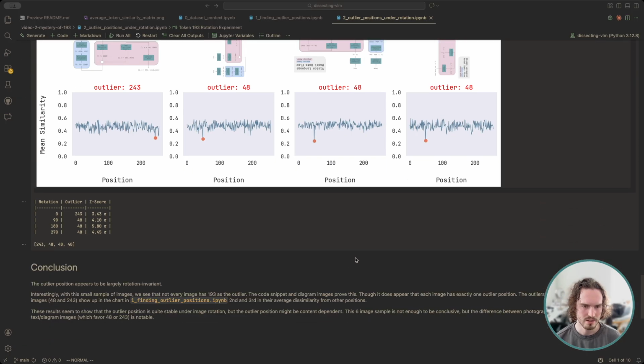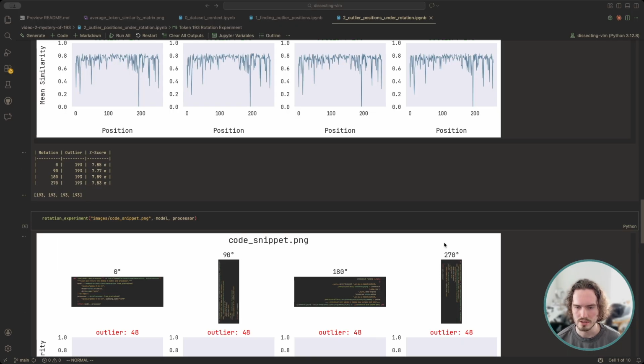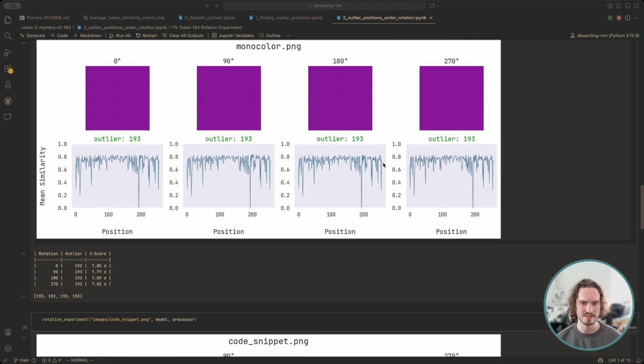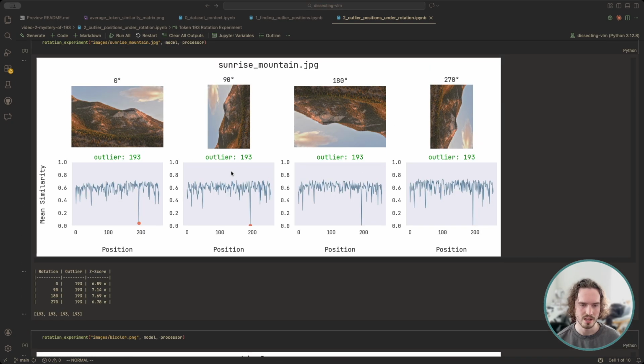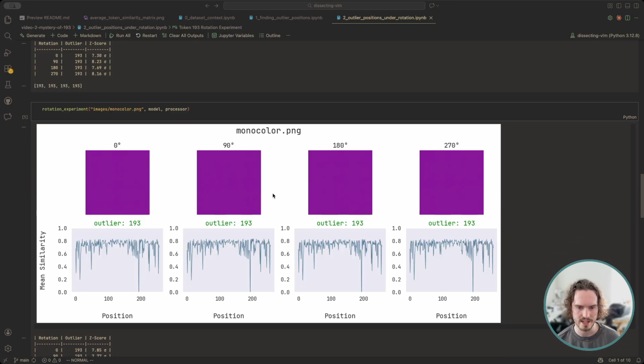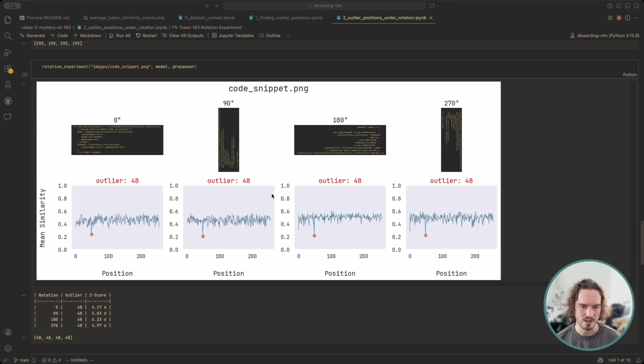So what this tells me is that the outlier position seems to be largely rotation invariant. For our relatively small sample size, the vast majority of cases hold that our outlier does persist over rotation. We also learned that there are examples where our outlier is 48.